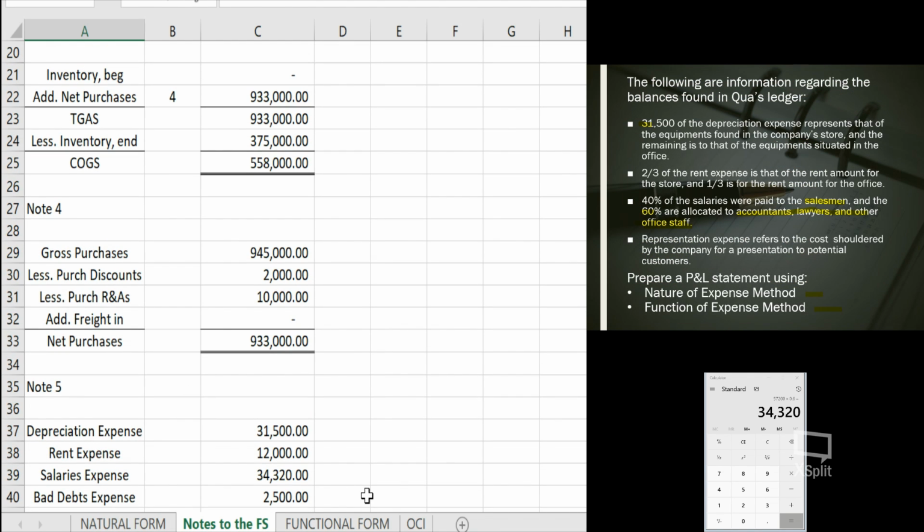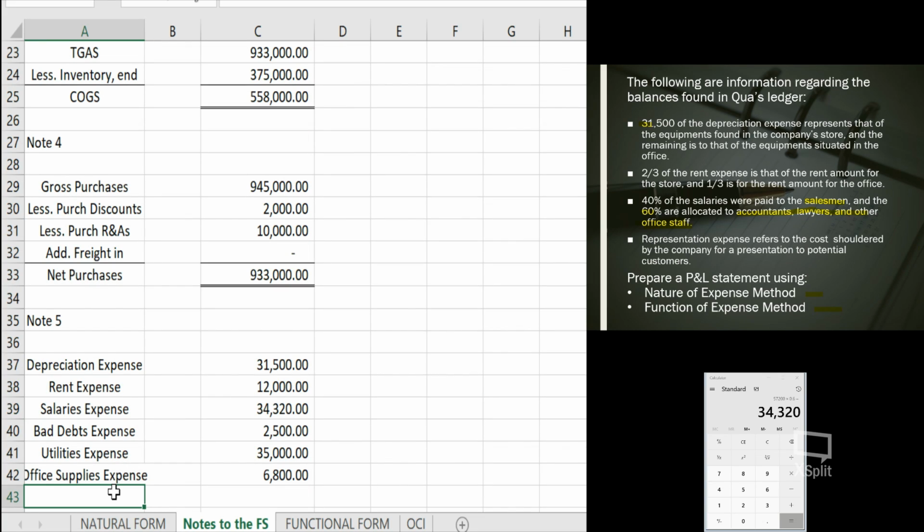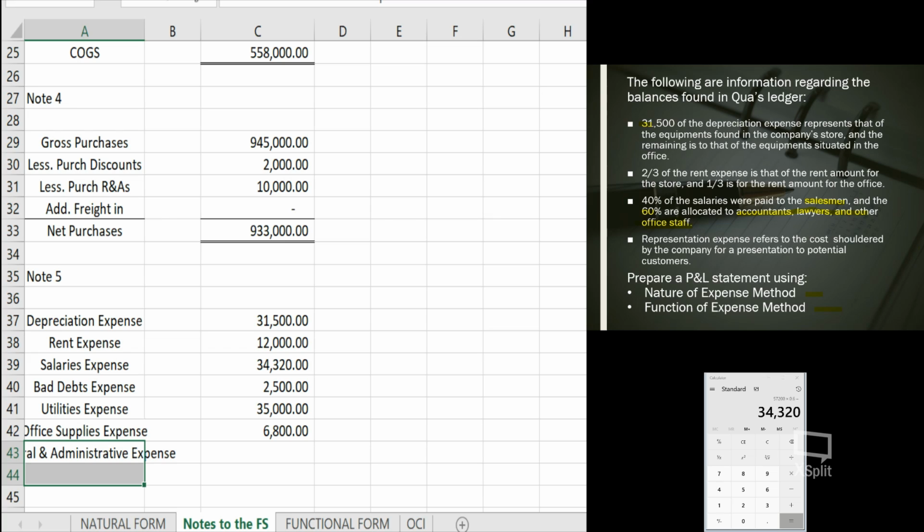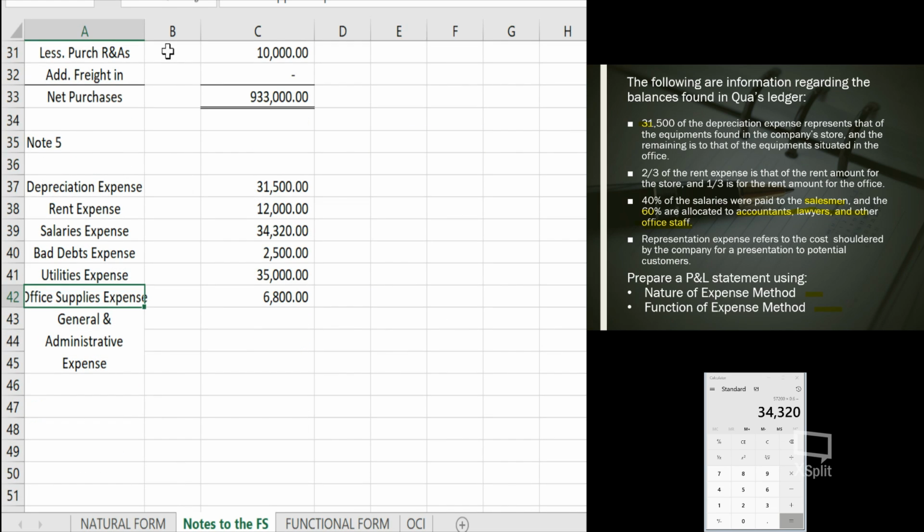So, masasolve na natin dito ngayon yung general and administrative expense. Okay, pagsamahin natin to.